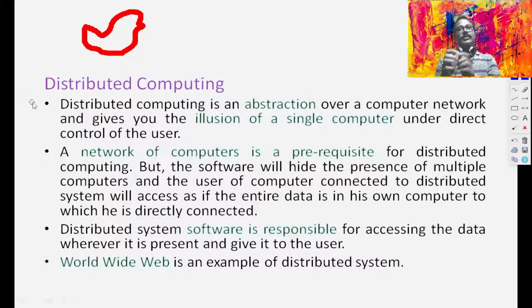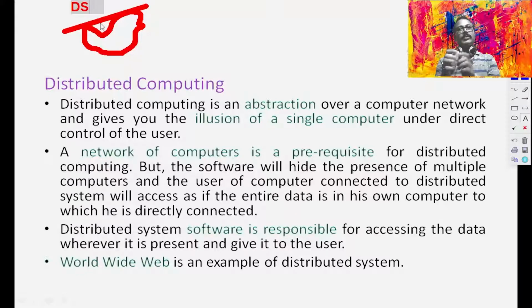If this is the network, there are a number of computers inside it; it's not empty actually. What this distributed system does is it creates a level of abstraction over it. So the network of computers are there, and you create a level of abstraction over it.